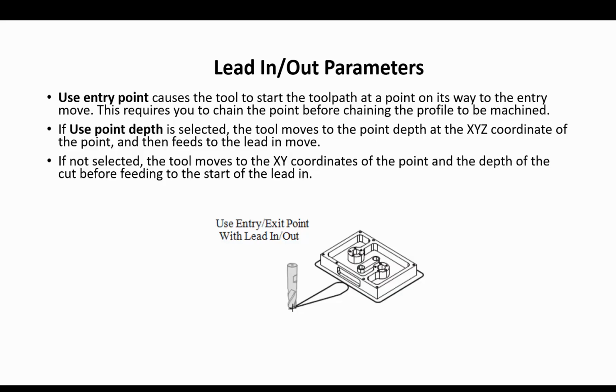If use point depth is selected, the tool moves to the point depth at the XYZ coordinate of the point and then feeds to the lead-in move. If not selected, the tool moves to the XY coordinates of the point and the depth of the cut before feeding to the start of the lead-in.